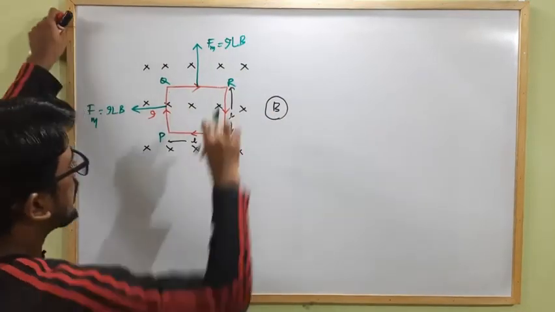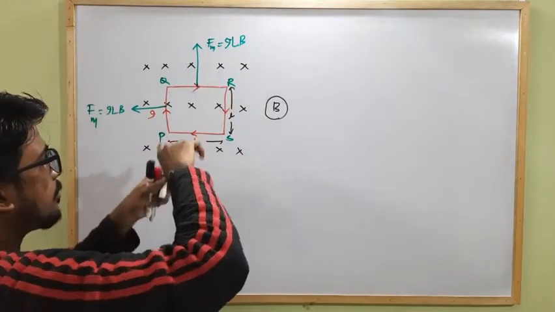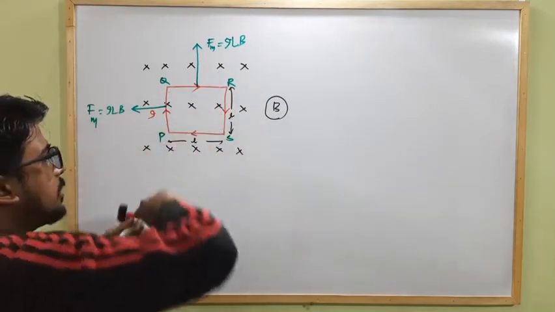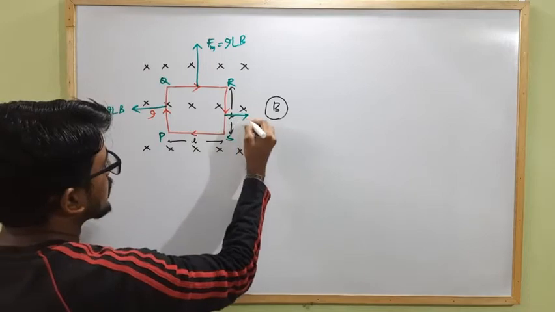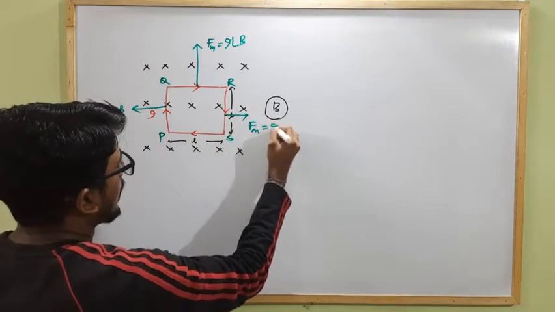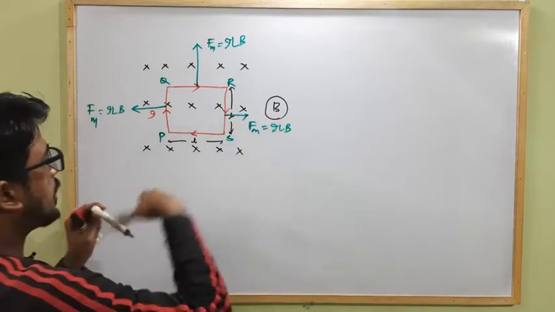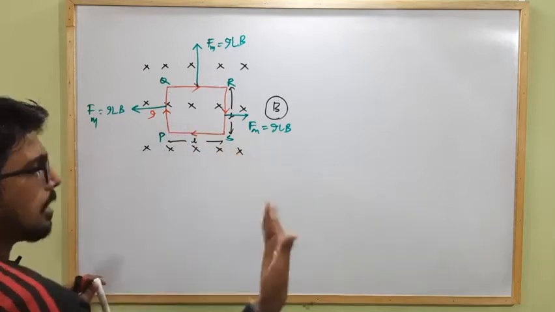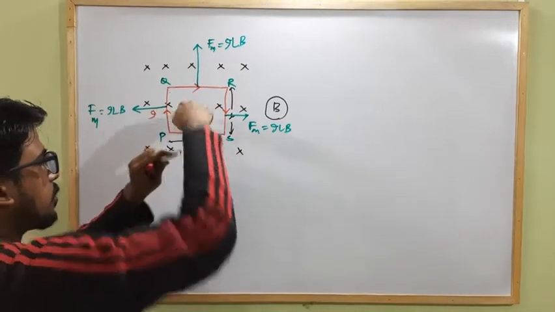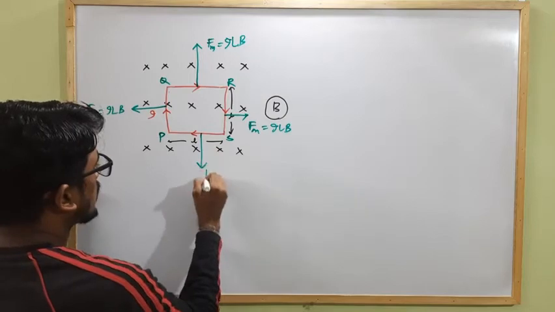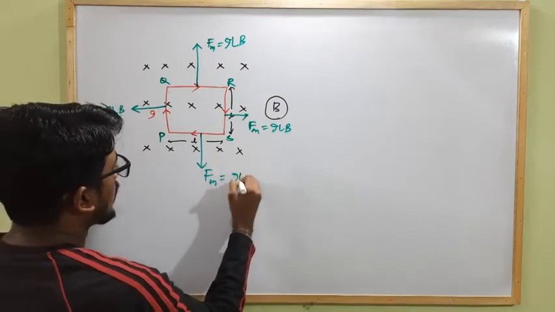Similarly for this side, the current direction is downward along the thumb, the magnetic field is into the plane, and the palm shows the direction of force Fm, with the same magnitude ILB. Here the current is flowing from right to left, the magnetic field is into the plane, so the palm shows the direction of force Fm, again equal to ILB.